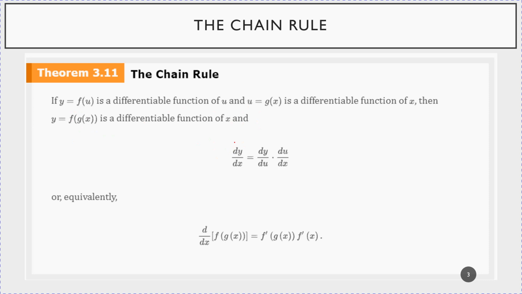And dy/dx, the derivative of y with respect to x, is equal to the derivative of y with respect to u times the derivative of u with respect to x. Or equivalently, there's a little typo here, the derivative of f of g of x is equal to f prime evaluated at g of x times g prime of x.